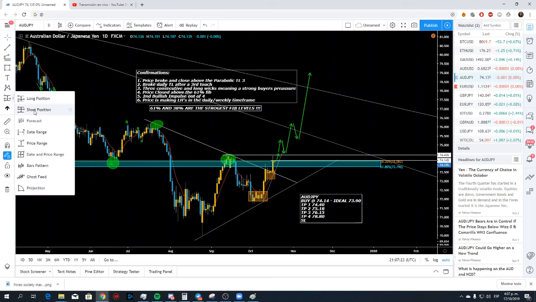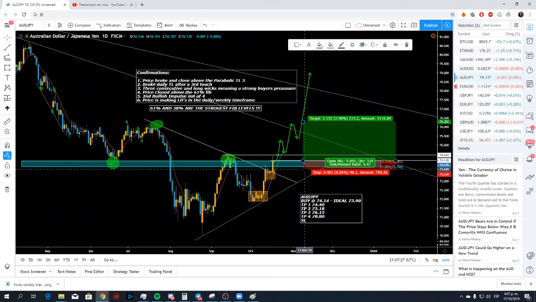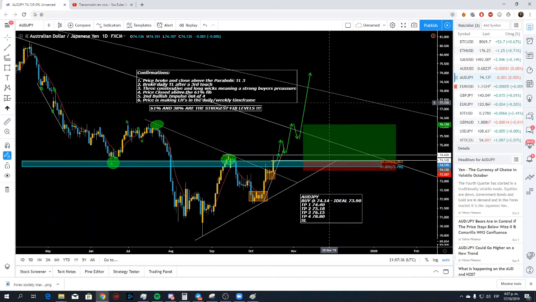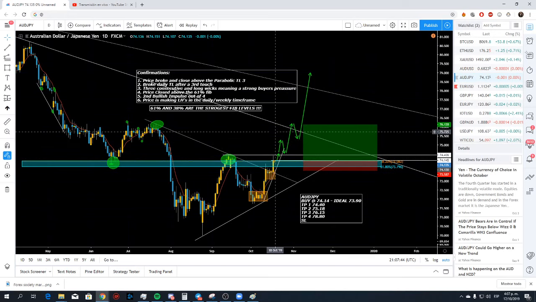We got this long position right here. It will be right below, 73.60 will be your stop loss. Take profit 3 here. Risk reward ratio 3.68 to 1. It's a good risk reward ratio. It's a really good trade. I really recommend you guys to take it.